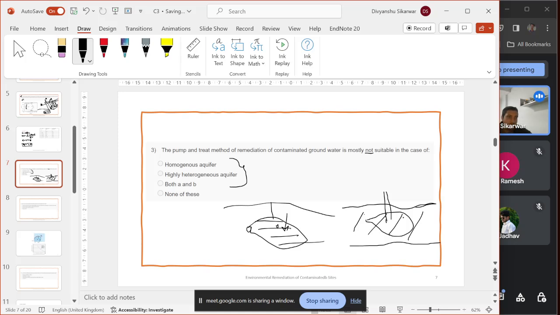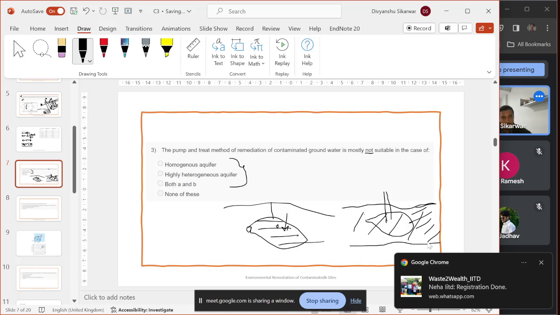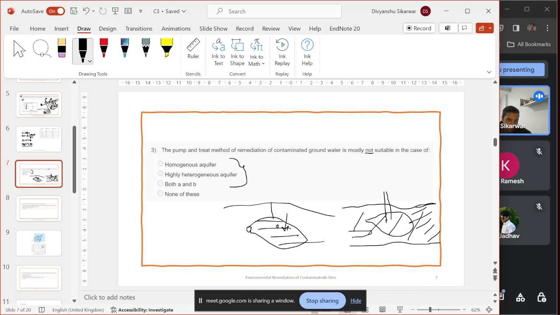What will be more suitable: if this soil is a single type of soil, or if there is some clay layer in between, or stratification, a layer of clay or silty clay?